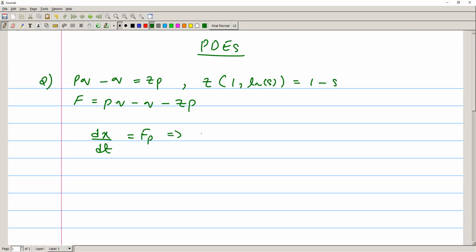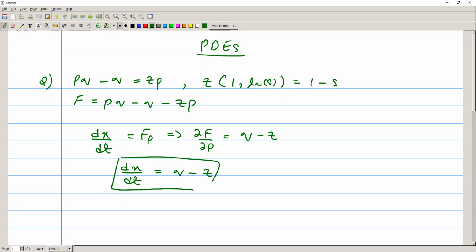So this implies that ∂f over ∂p is equal to q minus z. So the first characteristic curve is dx over dt equal to q minus z. But we can see that this is not solvable as the function on the right hand side involves q and z.